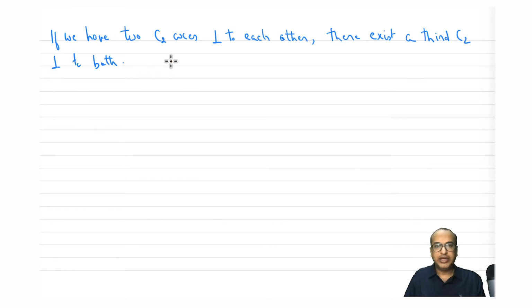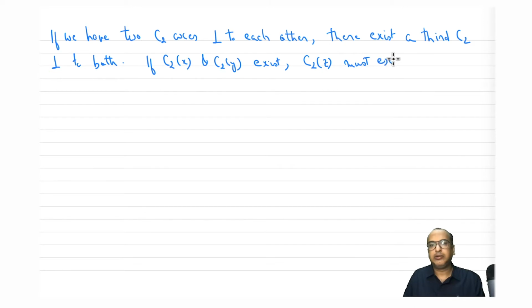So let's say C2x and C2y exist, because they are both perpendicular to each other, C2z must exist.